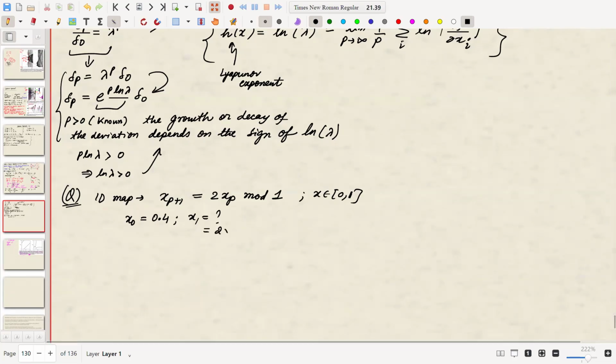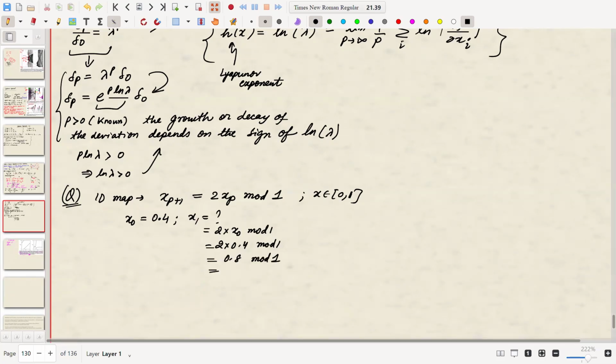If x naught is 0.4, x1 is nothing but 2 into x naught mod 1, right? That is 2 into 0.4 mod 1, which is 0.8 mod 1. Since it is less than 1, it is just 0.8. Mod 1 forces x to be inside 0 and 1 only.